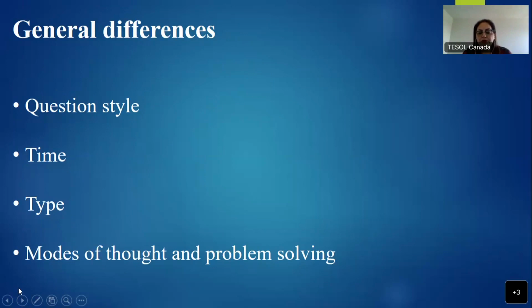The modes of problem solving are different. And also the time: some exams are 3 hours, some 2 hours, or some 45 minutes. So the type and style of questions are different, and the modes and time. So let's look at some of them.